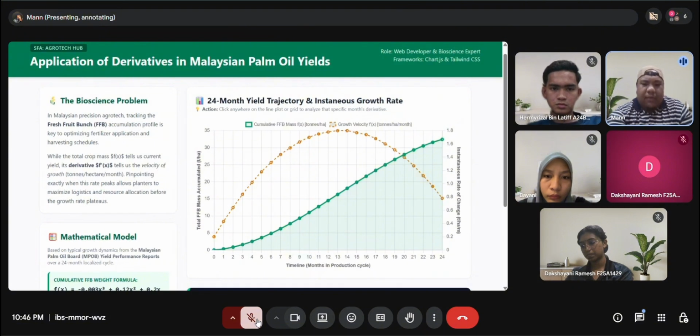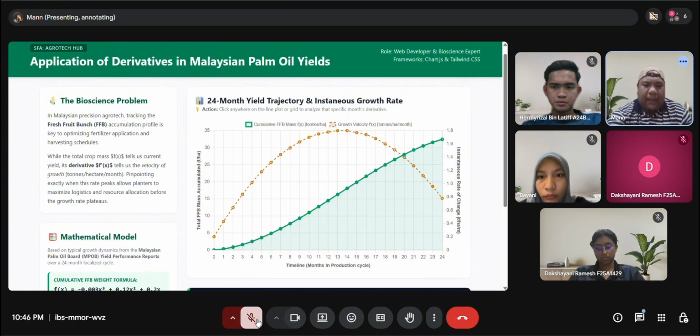While the orange line represents the growth rate, which is the derivative. The graph shows that the growth rate increases steadily, reaches the highest point around month 30 or 40, then starts decreasing. This means the oil palm tree grows most actively during the middle stage of production.